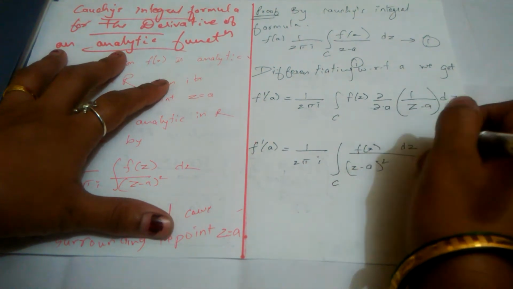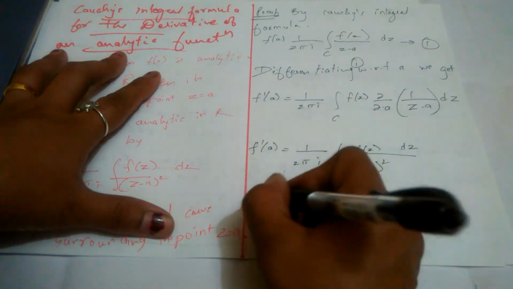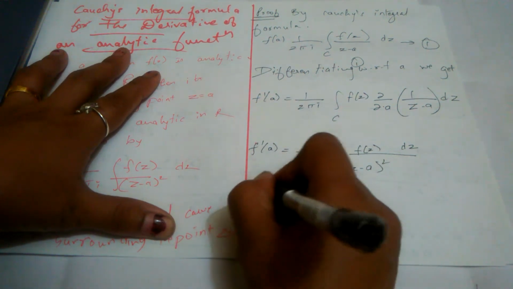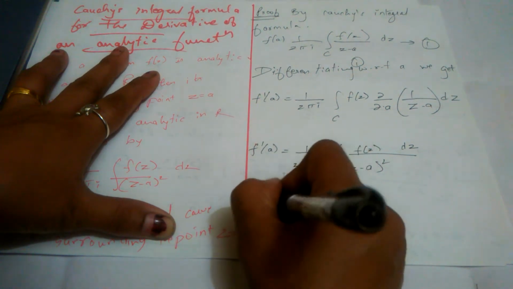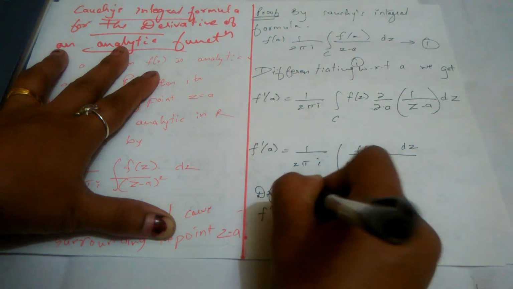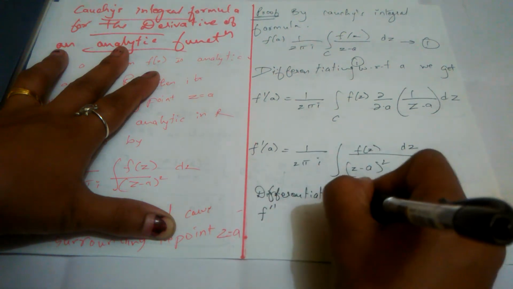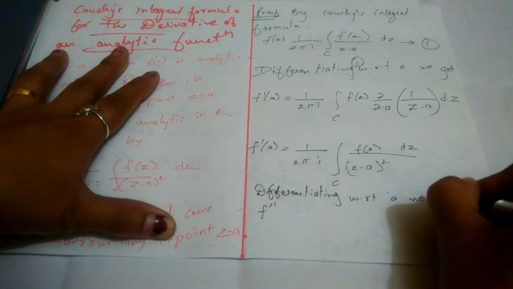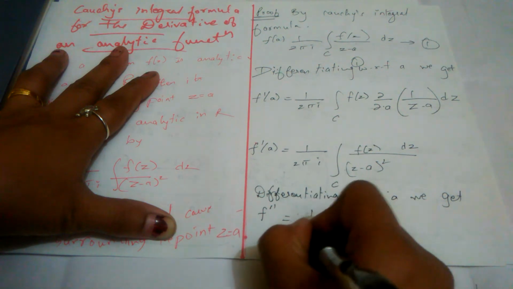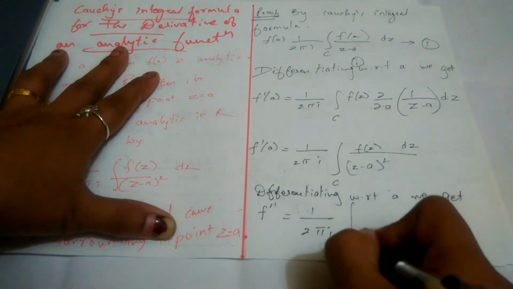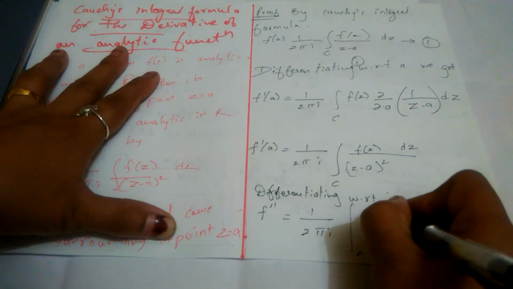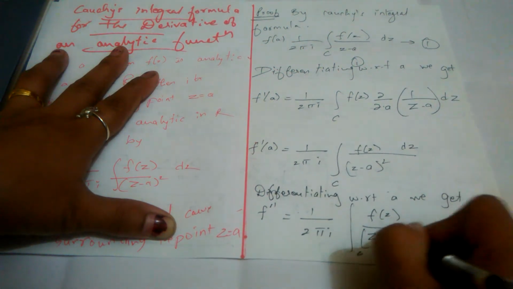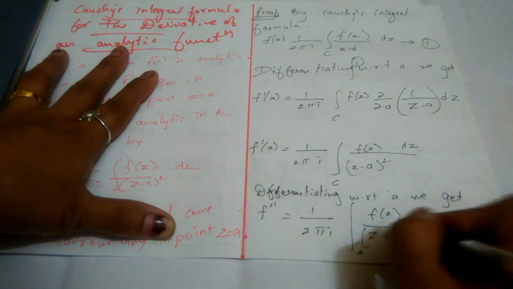Okay, and if I want to take out the double derivative of this, again differentiating with respect to a, we get, same thing, double derivative is 2 factorial upon 2 pi i integral c f of z upon z minus a the cube into dz. So this is square, this becomes a cube.